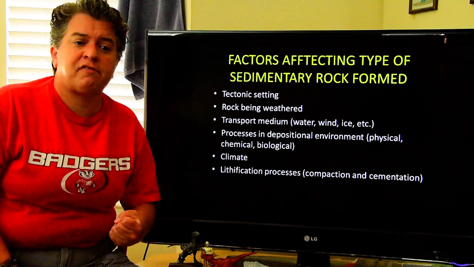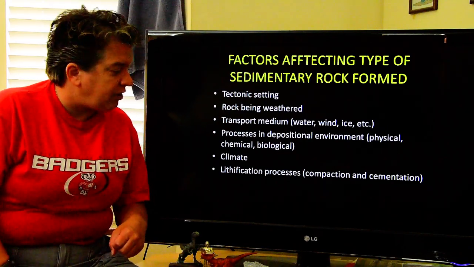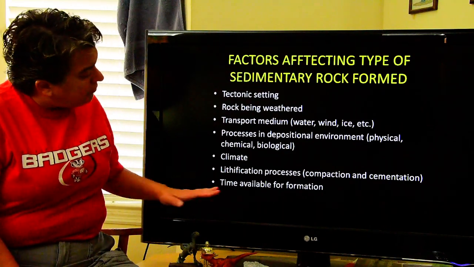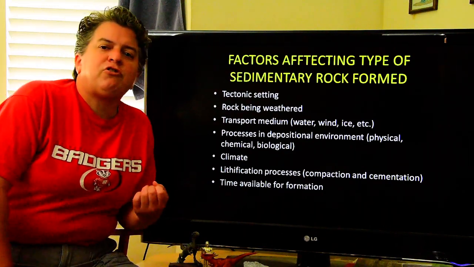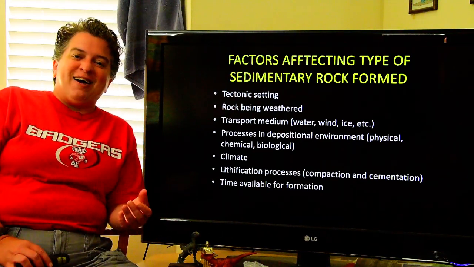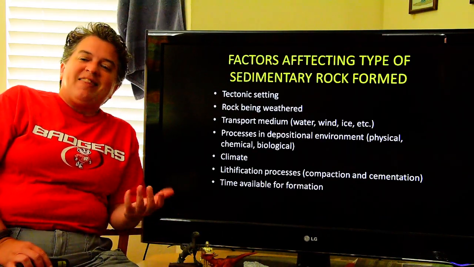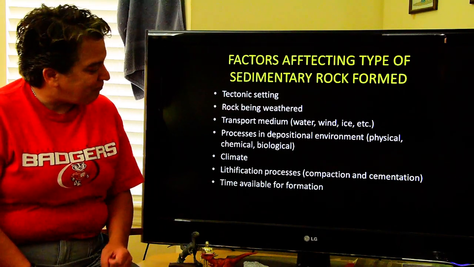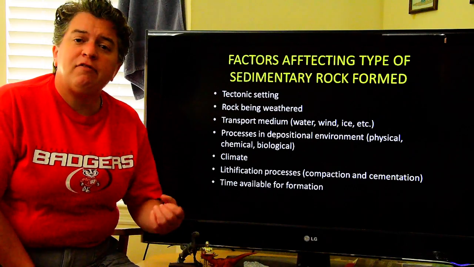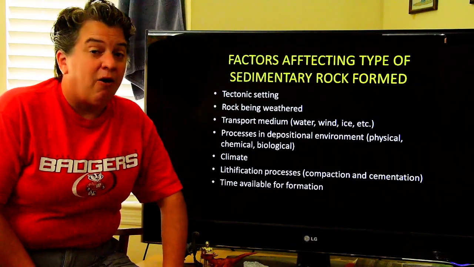What kind of cement holds that rock together? These are things that affect the characteristics of those rocks. Then also, how much time is available to form that sedimentary rock?